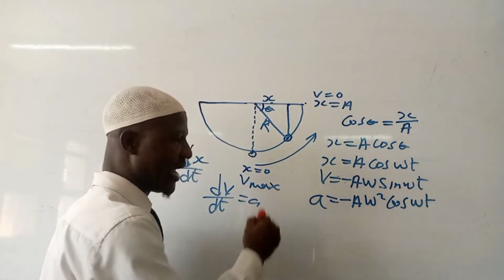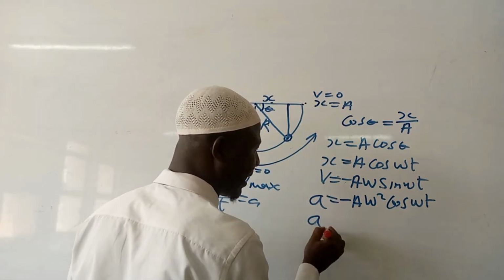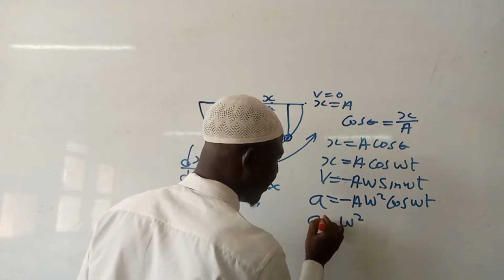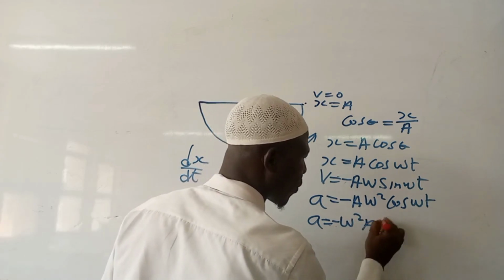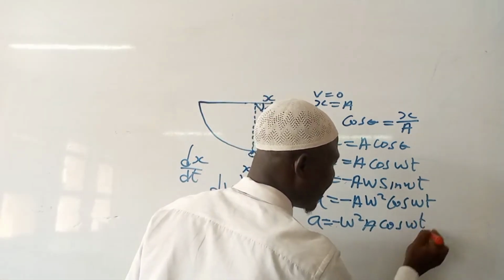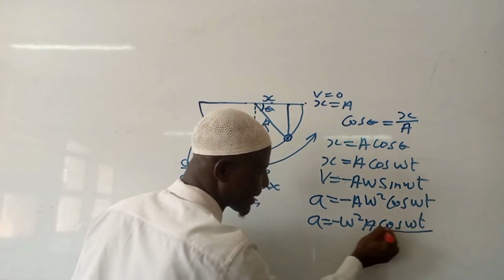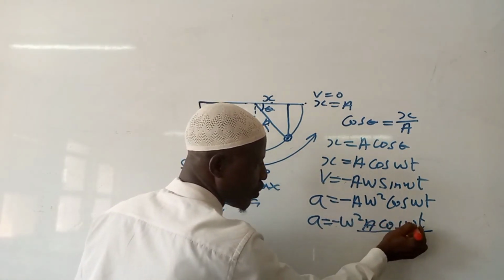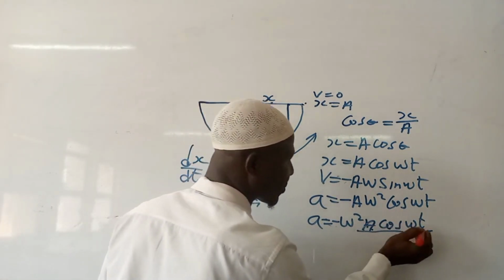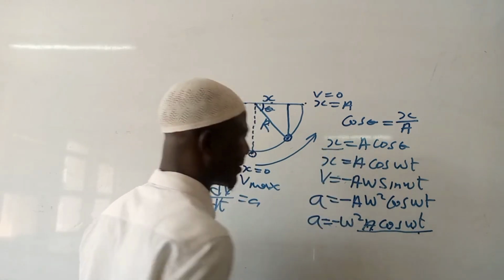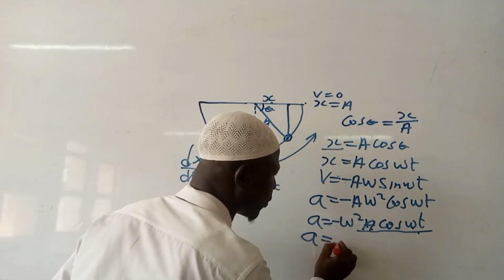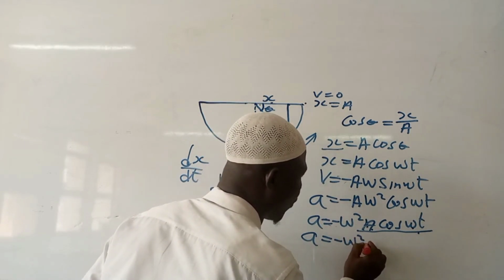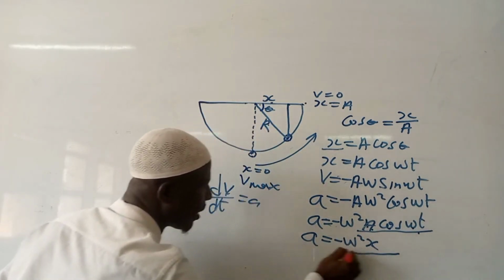Then let's rearrange it very well. We are going to have acceleration is equal to minus omega square a cos omega t. Then this a cos omega t, which is the same thing as a cos theta, is the same thing as x. Therefore, acceleration is equal to minus omega square what? x.